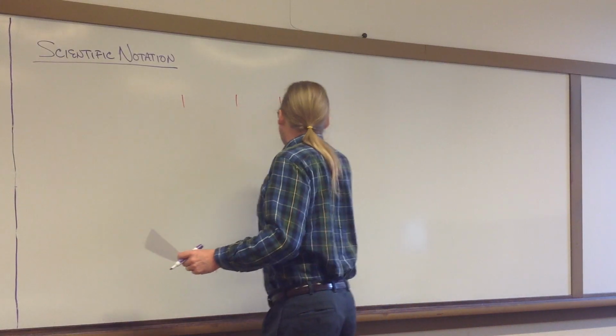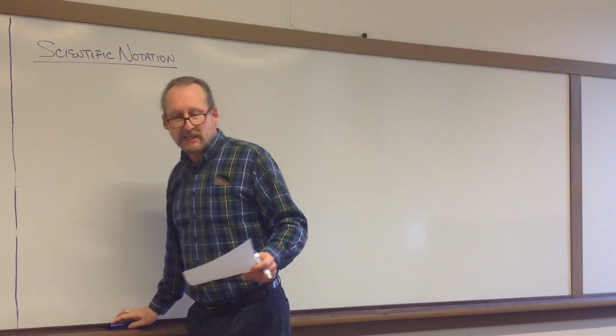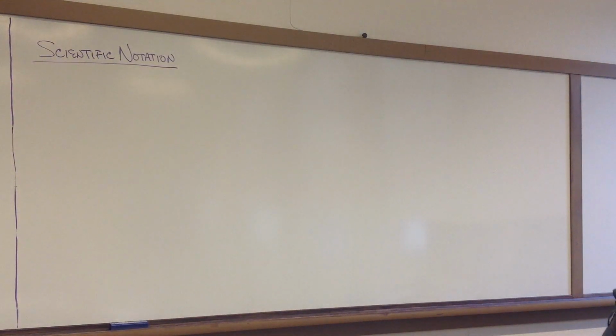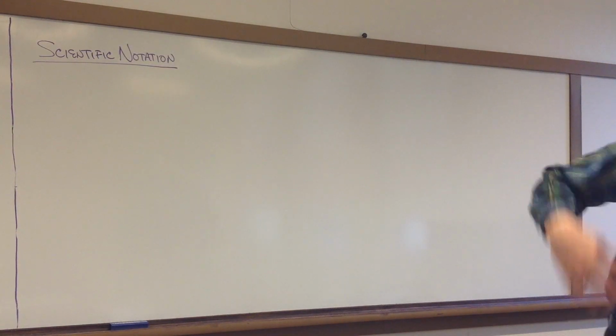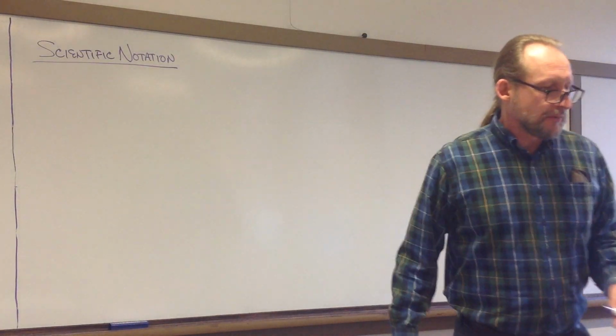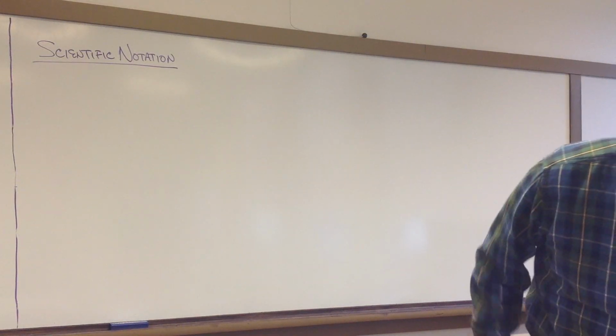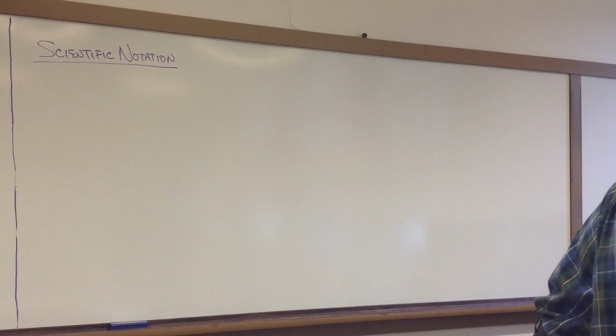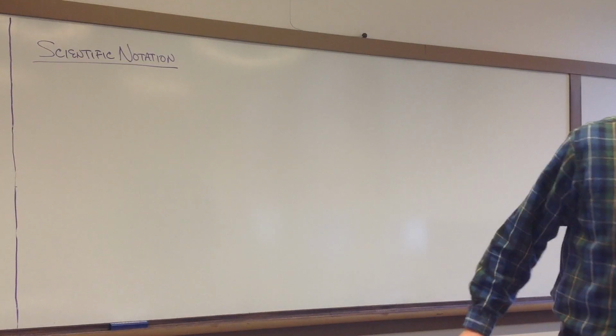Okay, so that's the first handout on scientific notation, just about representing numbers using scientific notation, and then ordering, being able to put those numbers in order. The next assignment, we've got some calculation problems using scientific notation.